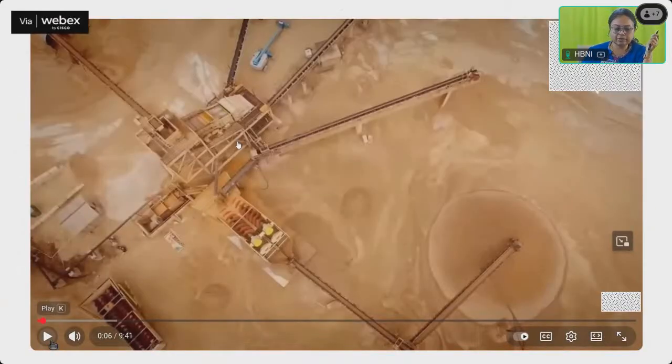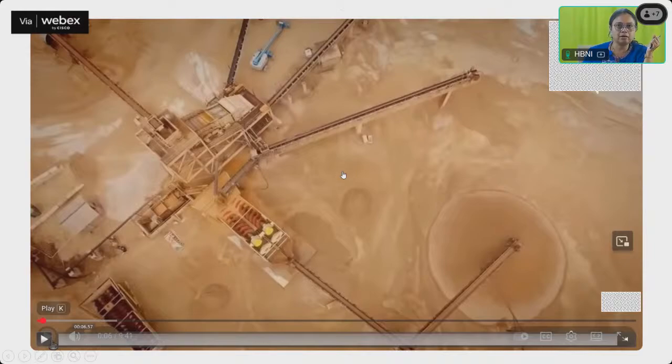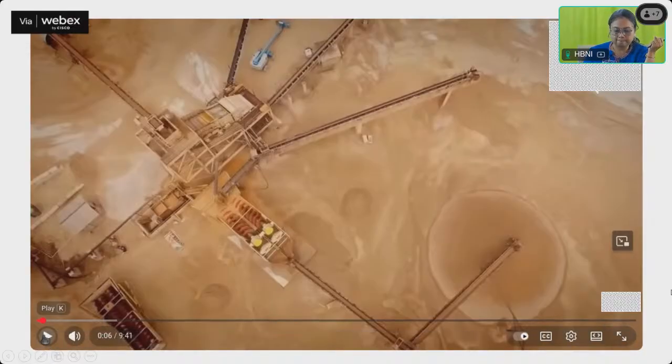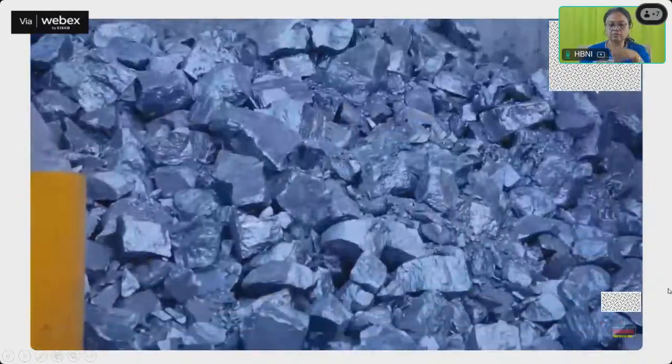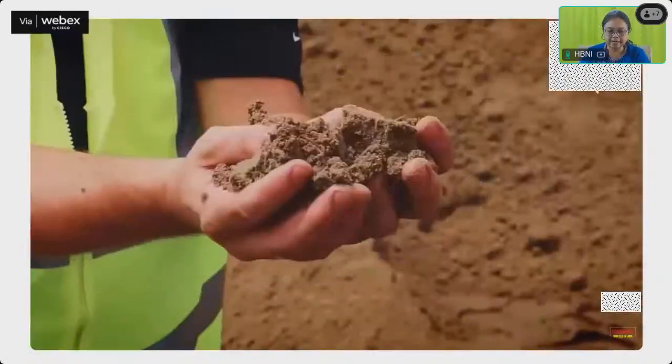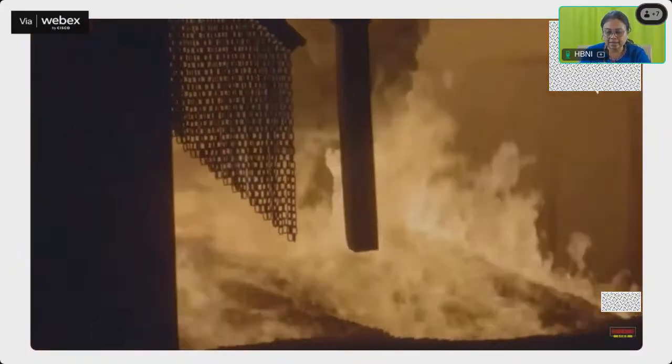So I am showing a very small video from the net, which I have taken, of how it is done industrially. We start with silicon, and sand is taken. Sand is SiO2, and it is converted into silicon.